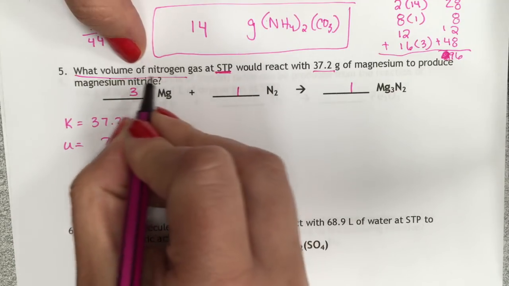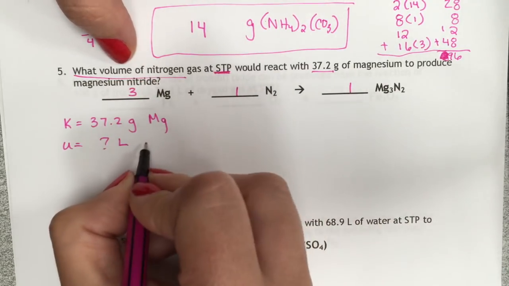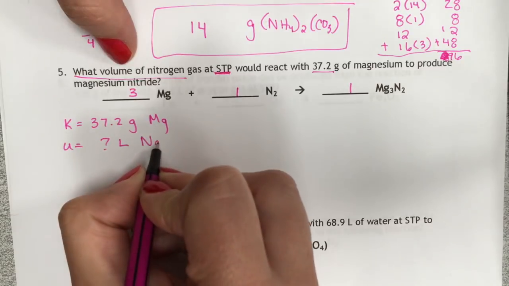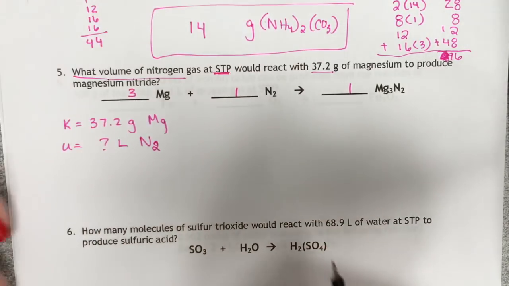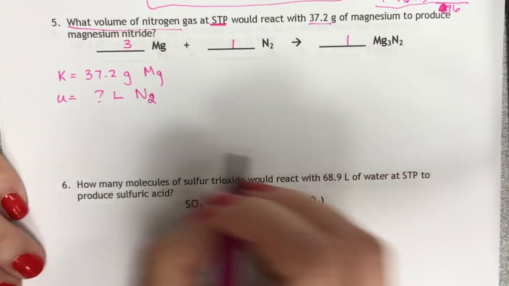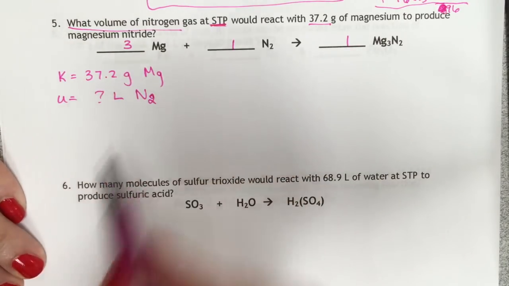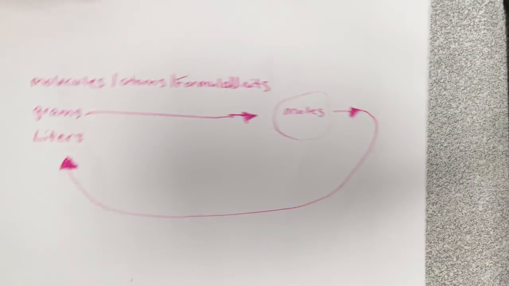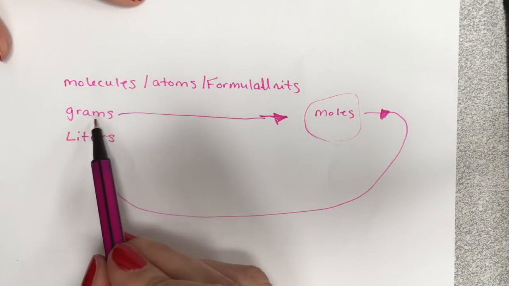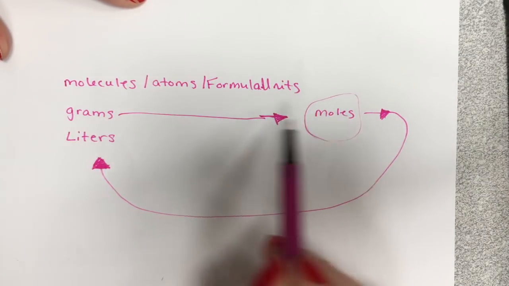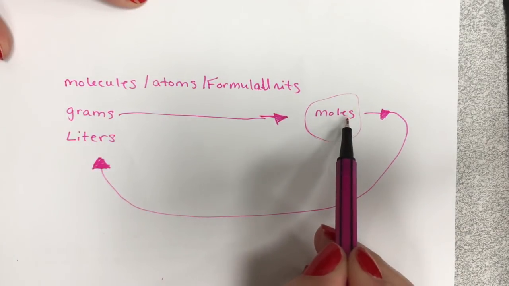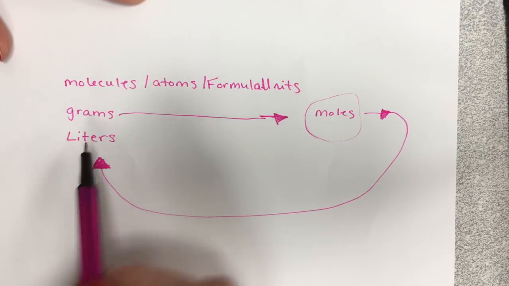So remember, volume, guys, is always in liters in 10th grade. Nitrogen gas, that's N2, not Ng. Now, we're given grams, and we need to answer in liters. So look at our little flow chart. We're given grams. It's actually perfect on the flow chart. We need to convert to moles, and then we need to convert back to liters.